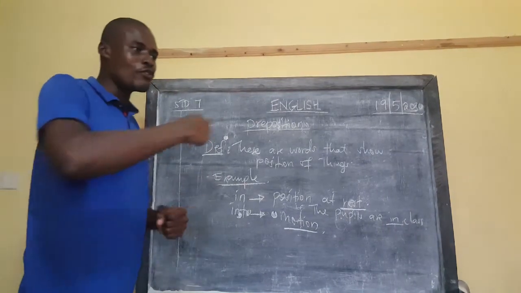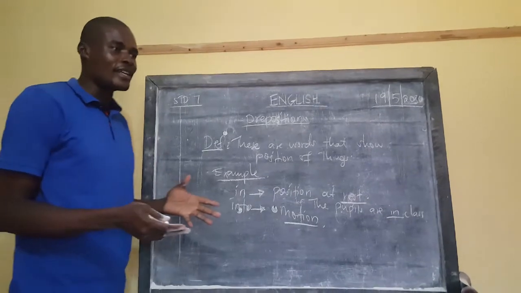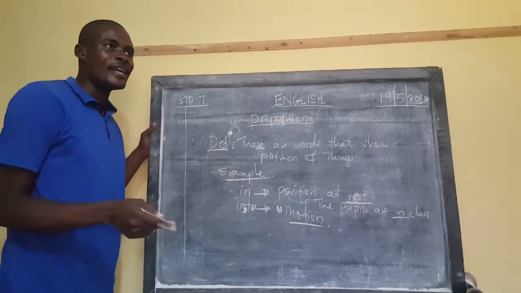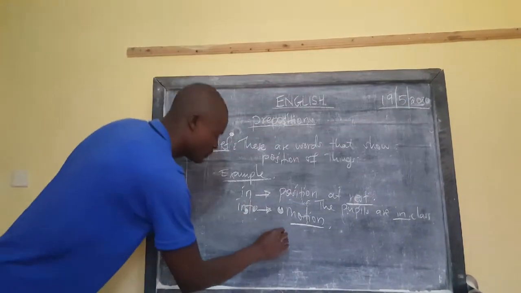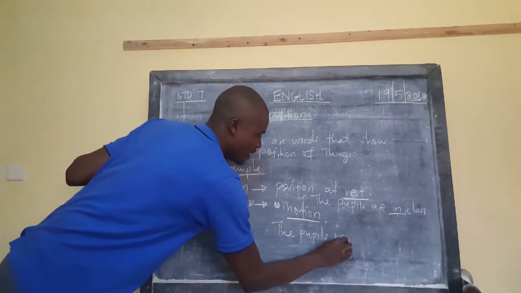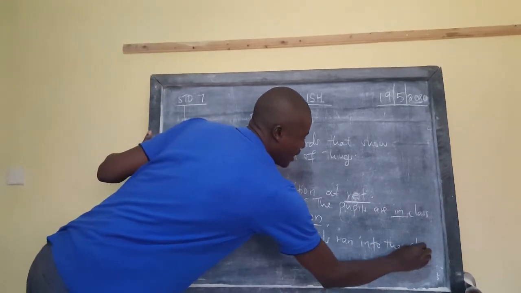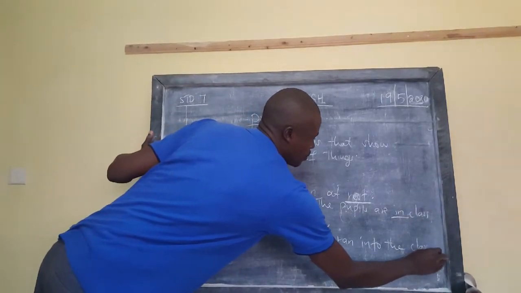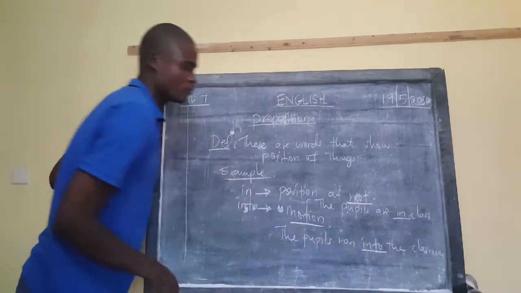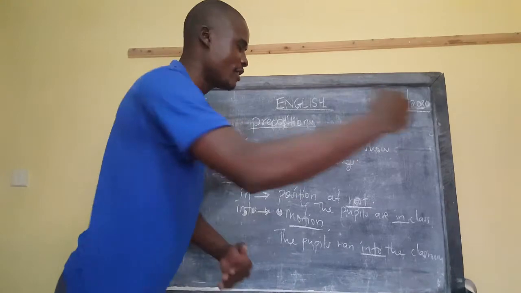There is some sort of movement happening, like when you are entering the class, so that the pupils ran into the classroom. They ran into, meaning there was movement as they were entering the class.